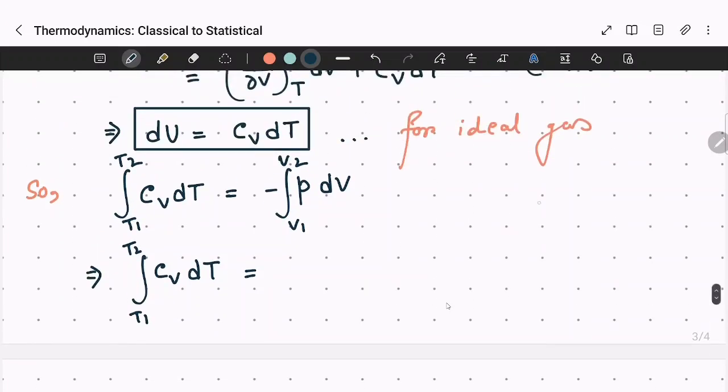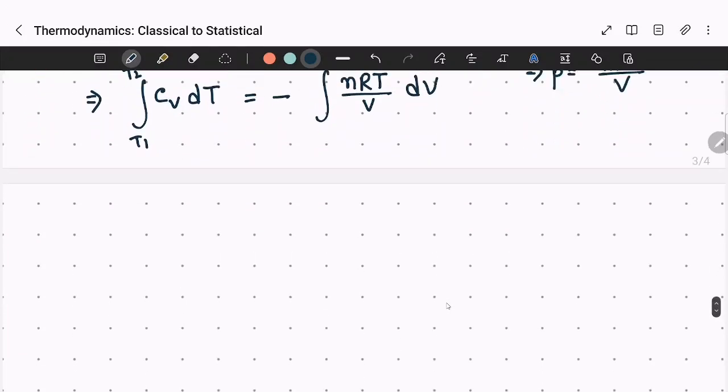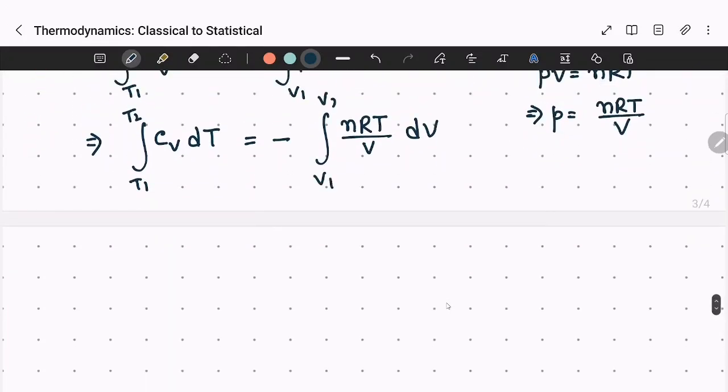What is P? PV equals nRT, so P equals nRT by V. So it is nRT by V dV, from V1 to V2.